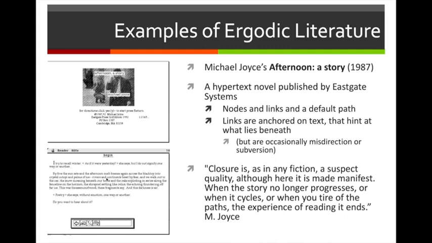The idea is that rather than beginning at the beginning and ending at the end, you continually interact with the text until you get some kind of closure. Joyce makes the point that closure in any fiction is a suspect quality, but here closure occurs when the story no longer progresses, or when it cycles, or when you tire of the past. At that point, the experience ends.